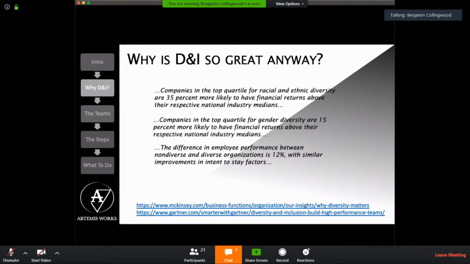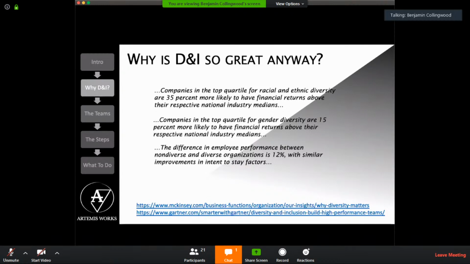So now what I'm armed with is the ability to go, instead of asking what's your thoughts on diversity and inclusion, saying I've got a way that's proved by evidence that I can give you 35% more likelihood that you're going to outperform your rivals, or 15% more likelihood that you're going to outperform your rivals.